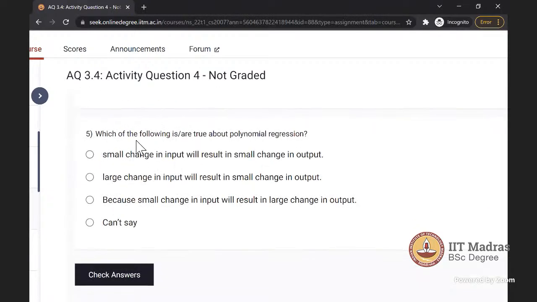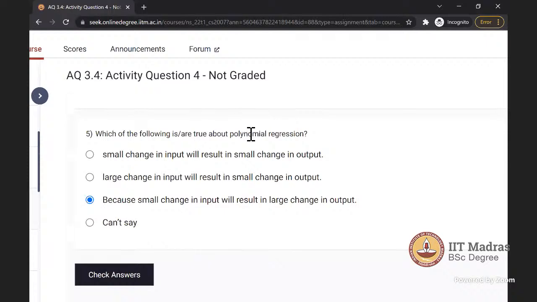Question number 5, which of the following is true about polynomial regression? A small change in input will result in small change in output. A large change in input will result in small change in output. A small change in input will result in large change in the output. Which one do you think is right? The third option, because we are increasing the power.